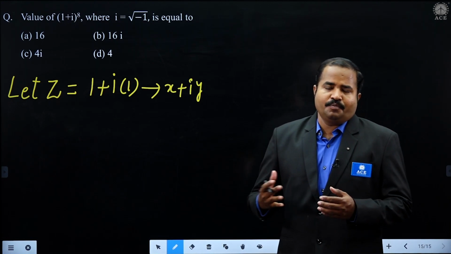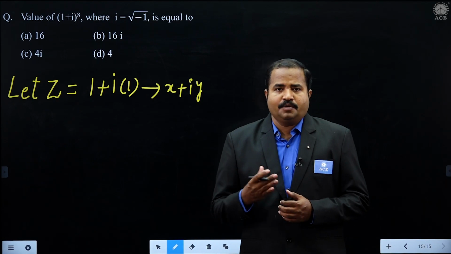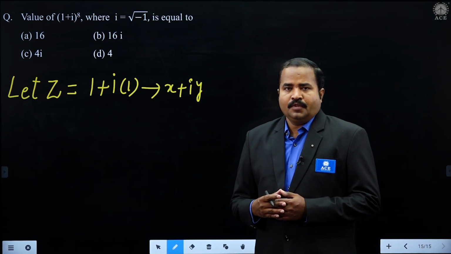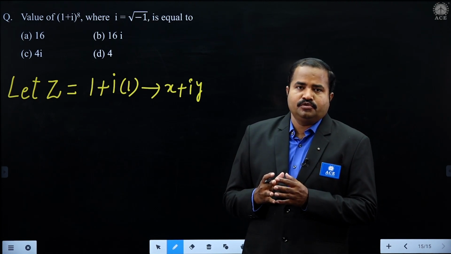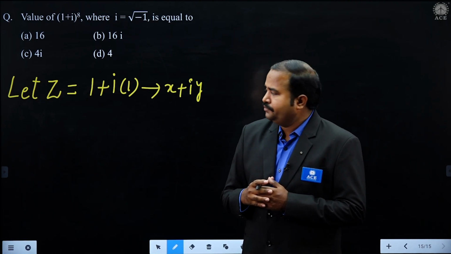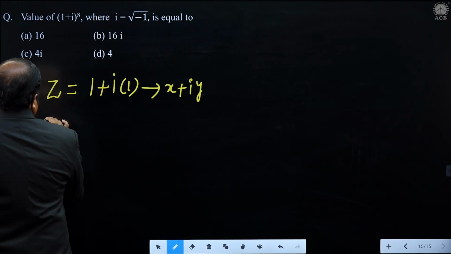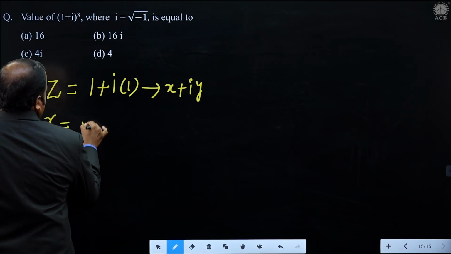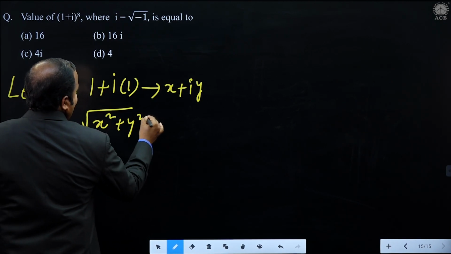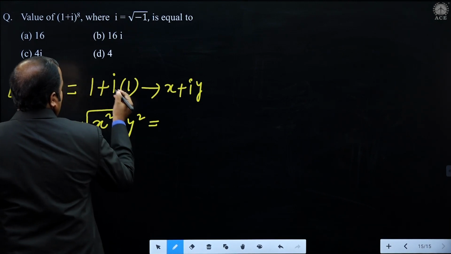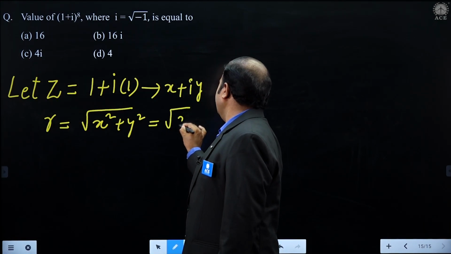We know what is the procedure to find the integer power of a complex number? We express the given complex number into polar form, right. That is, for the polar form, first r is required. R means root over x square plus y square. That is x value 1 only, y value 1 only. So, it is root over 2 only.